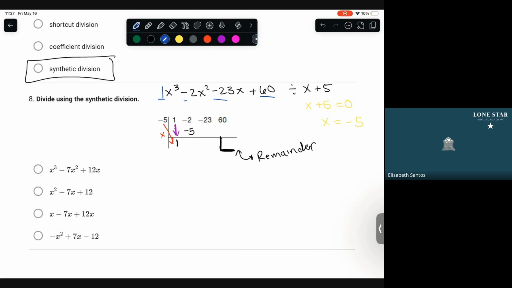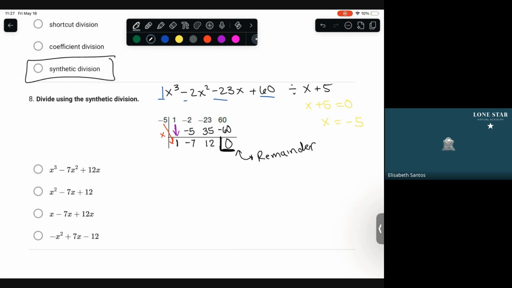And then we're going to add -2 and -5, which gives us -7. And then you do the process again. We're going to multiply -5 with -7, which gives us positive 35. Add it to -23, you get 12. And then 12 times -5 is -60. 60 minus 60 is 0.